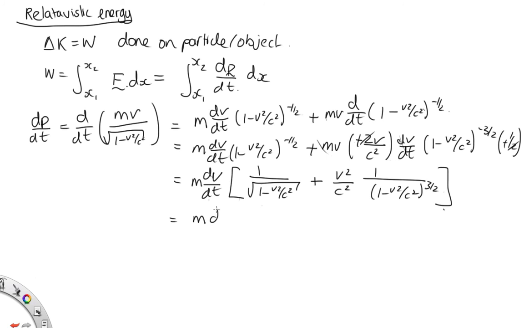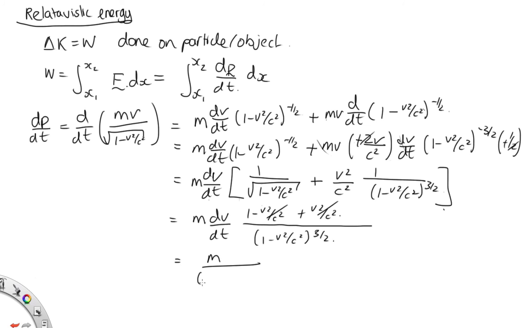Okay, so m dv/dt, let's put this all over (1 minus v squared on c squared) to the 3/2. So this first one becomes 1 minus v squared on c squared, and then we've got plus v squared on c squared. This and this cancel out, and so we end up with m over (1 minus v squared on c squared) to the 3/2 dv/dt.